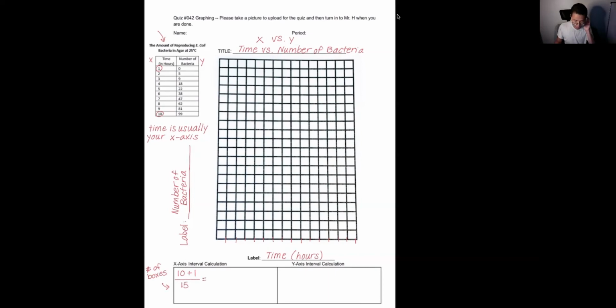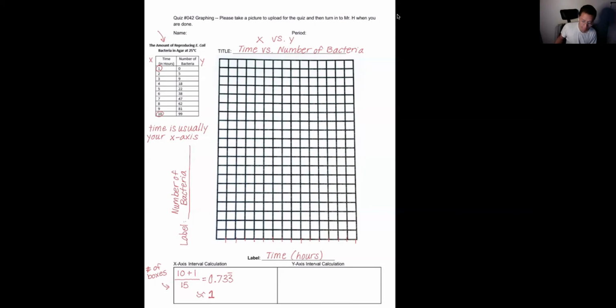And if I use my calculator, this will be about 11 divided by 15, which gives me 0.733 repeating, but that's a weird number to work with. So I'm going to say it's about 1.